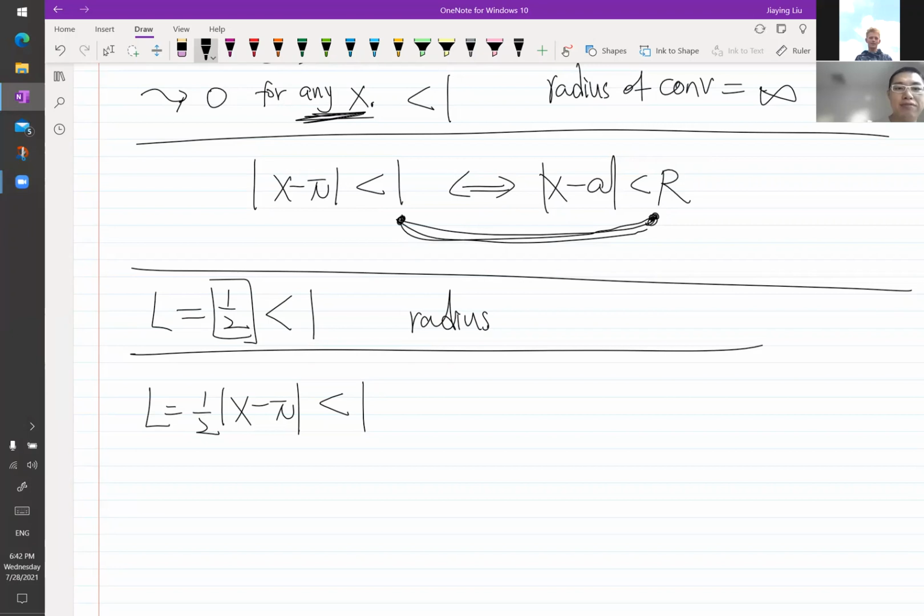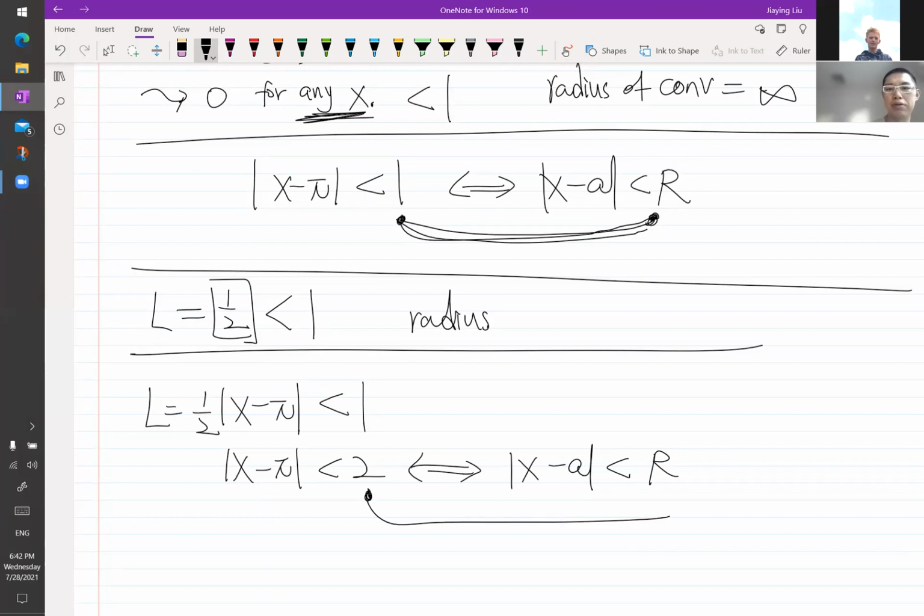And from here, you have to solve for the form |x minus a| less than R. So you multiply by 2: |x minus pi| less than 2. I multiply by 2 on both sides to get rid of the half. Now this is in the form |x minus a| less than R, so the 2 will be the radius of convergence. I hope it helps.